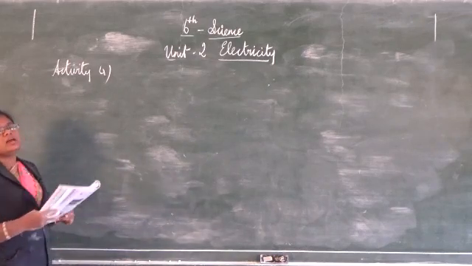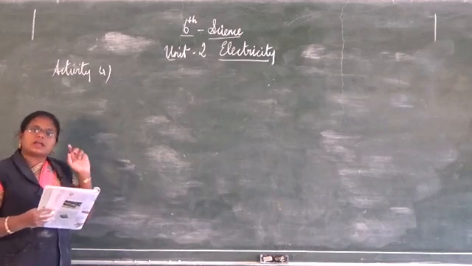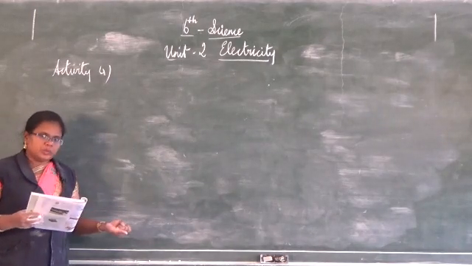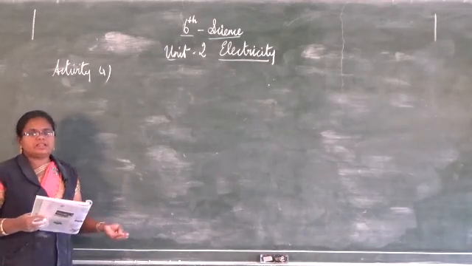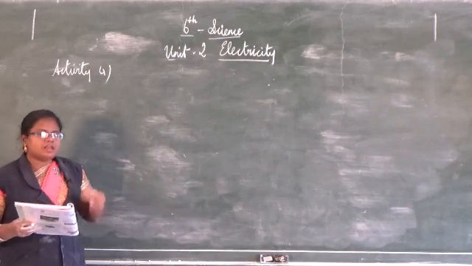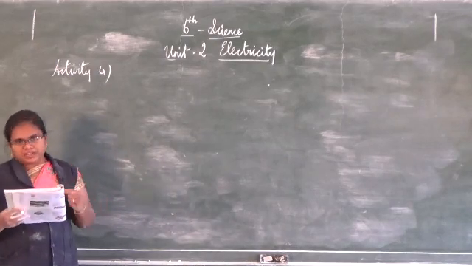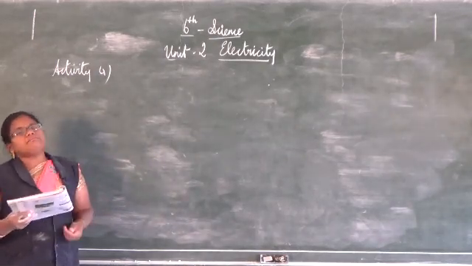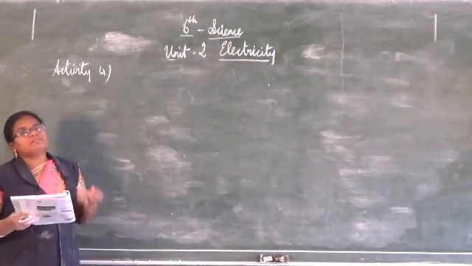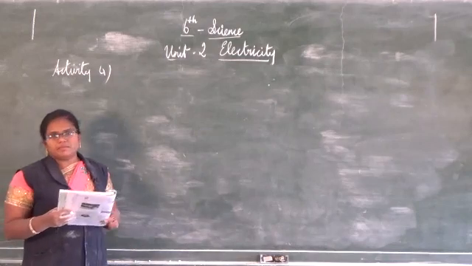A connecting wire will be there, a battery will be there and a switch also. In the place of the bulb we are replacing these objects, and we find whether it is conducting or not, whether the bulb is glowing or not.